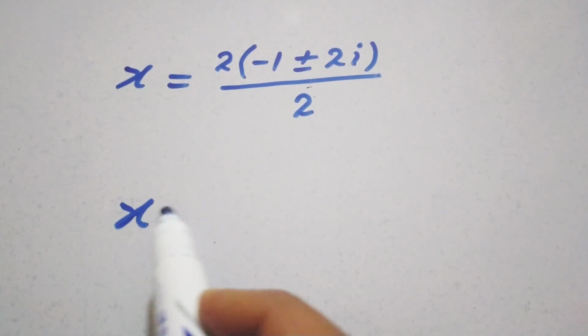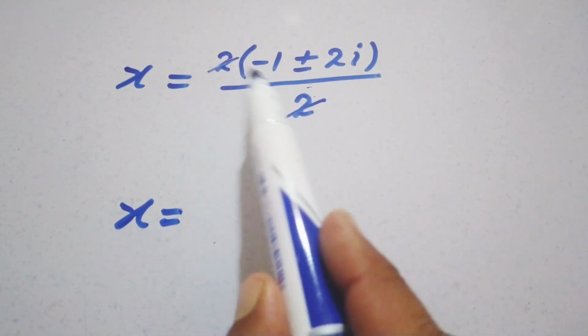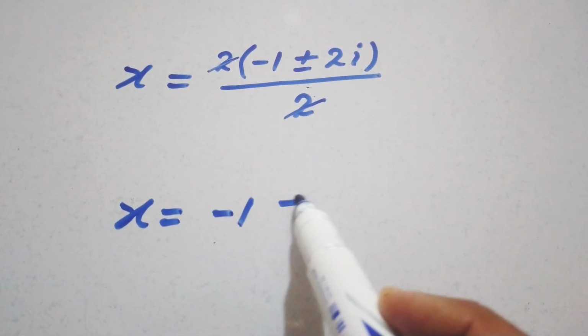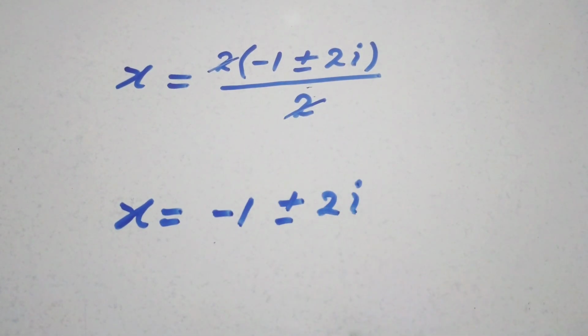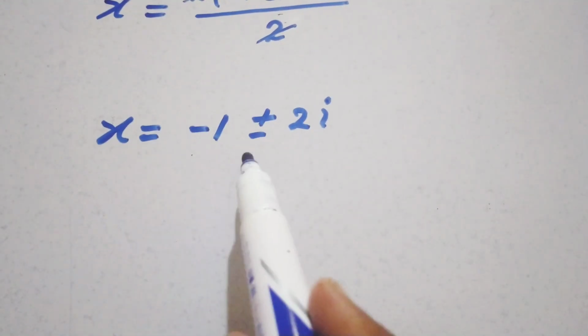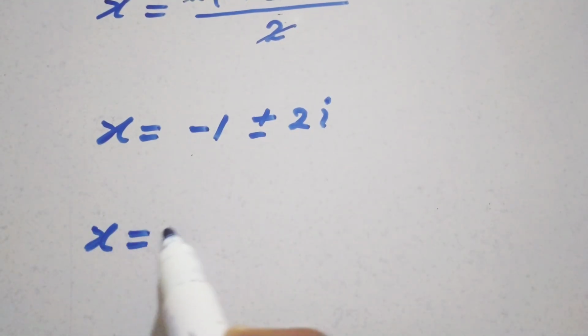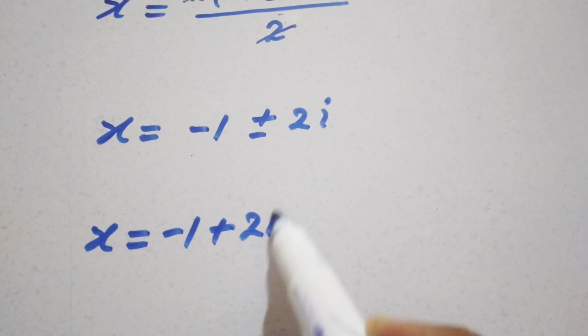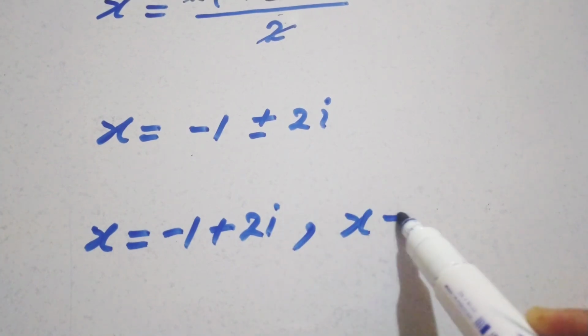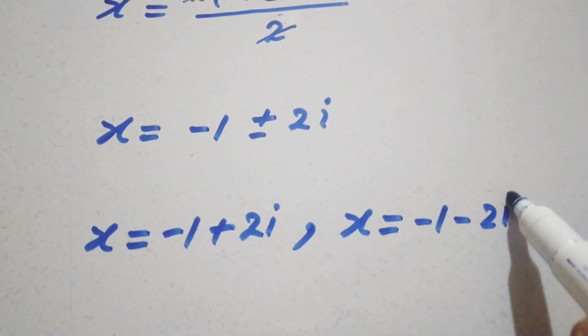Now this 2 cancels with this 2, and we are left with minus 1 plus minus 2i. So we have found two values: x is equal to minus 1 plus 2i and x is equal to minus 1 minus 2i.